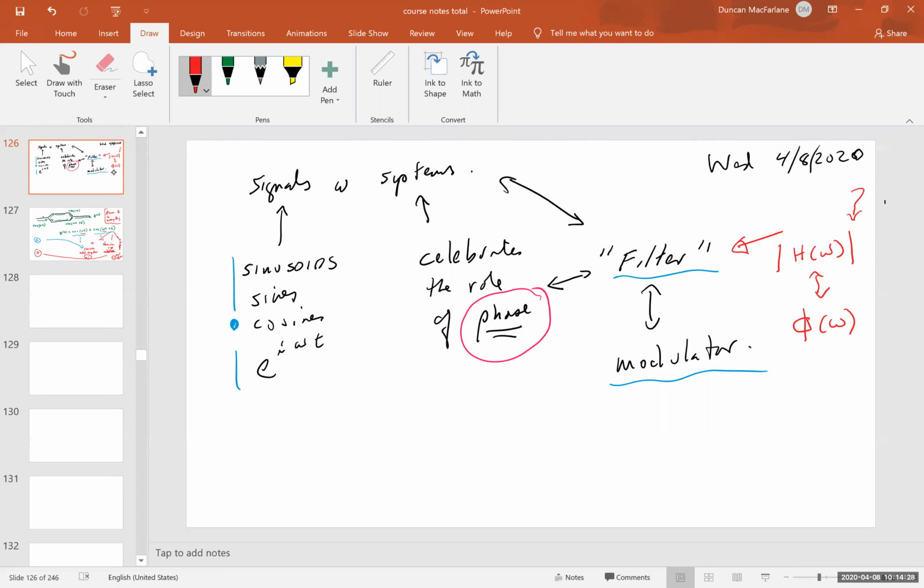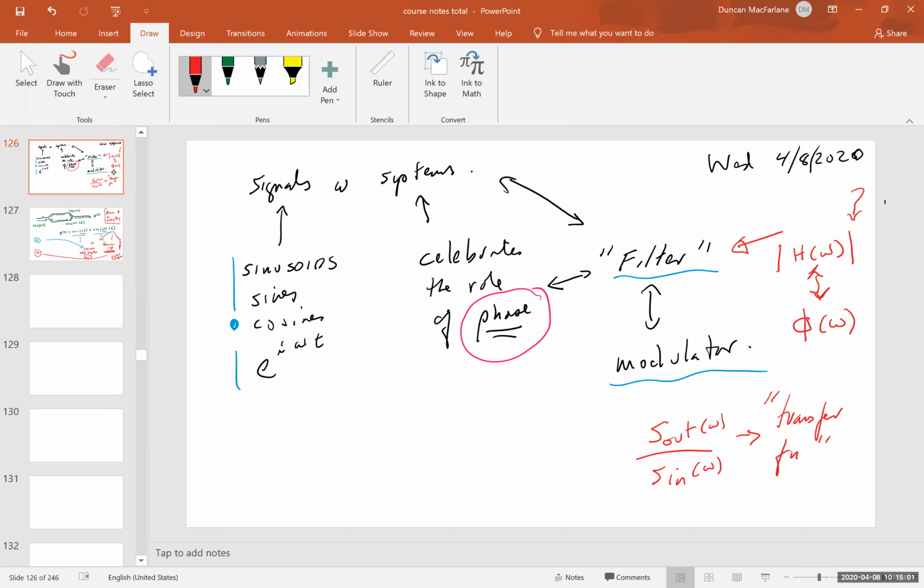Now, H of omega, I'm going to remind you, is what we call the transfer function. It transfers the signal from the input to the output. It's usually the output divided by the input. And those are usually in the frequency. Actually, it's always the frequency.